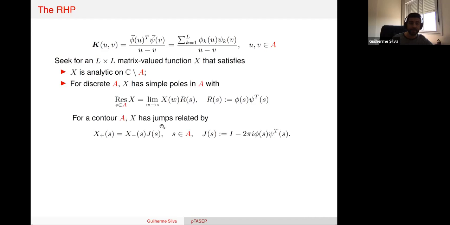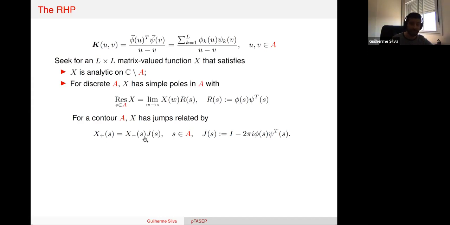And this is for A discrete, but as I said before, there's also the case when A is a contour, as the one that we considered before with lambdas. In that case you don't have isolated singularities, but what you ask is that your matrix valued function X has continuous boundary values when you approach the plus side or the minus side of the contour, and they should be related in a specific way.